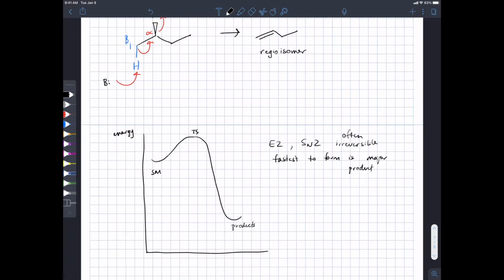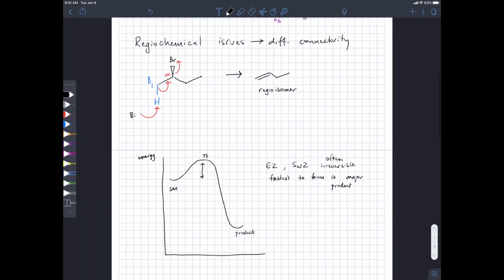Okay, great. So we know that this difference between starting material and transition state for the various isomers we're getting here should determine the ratio of products we get.